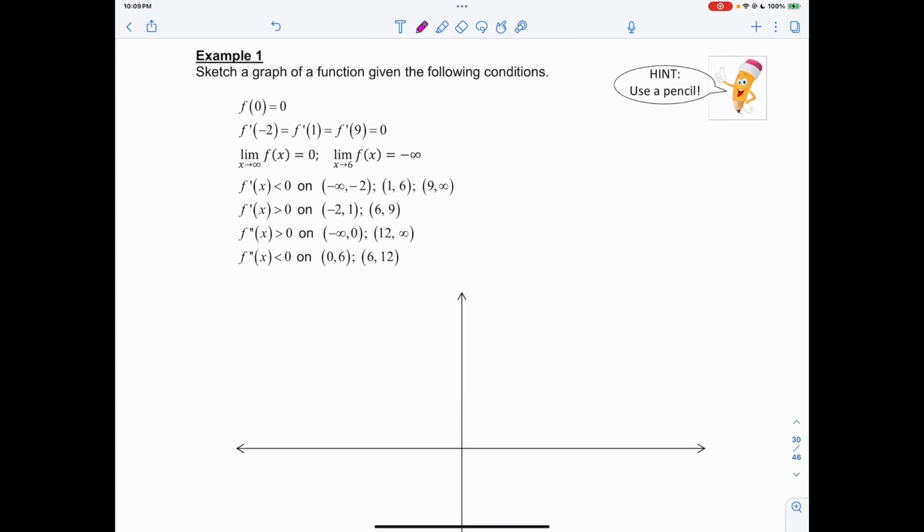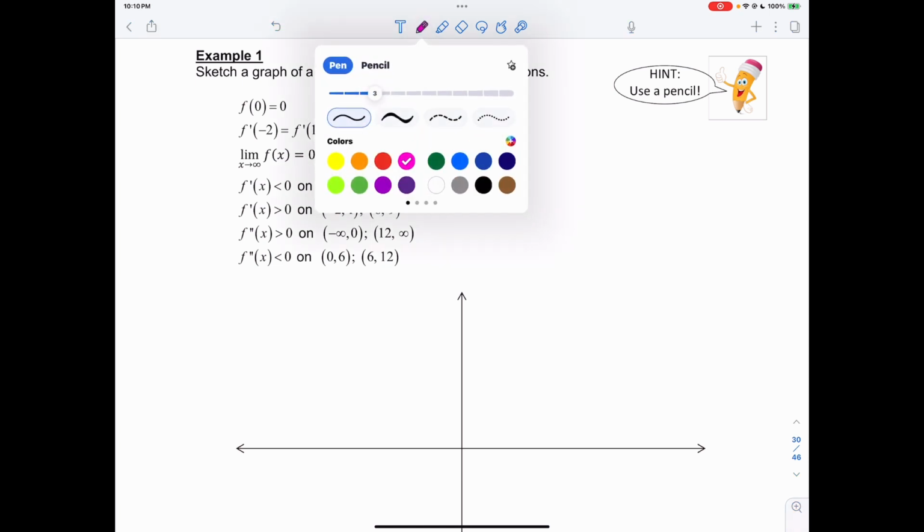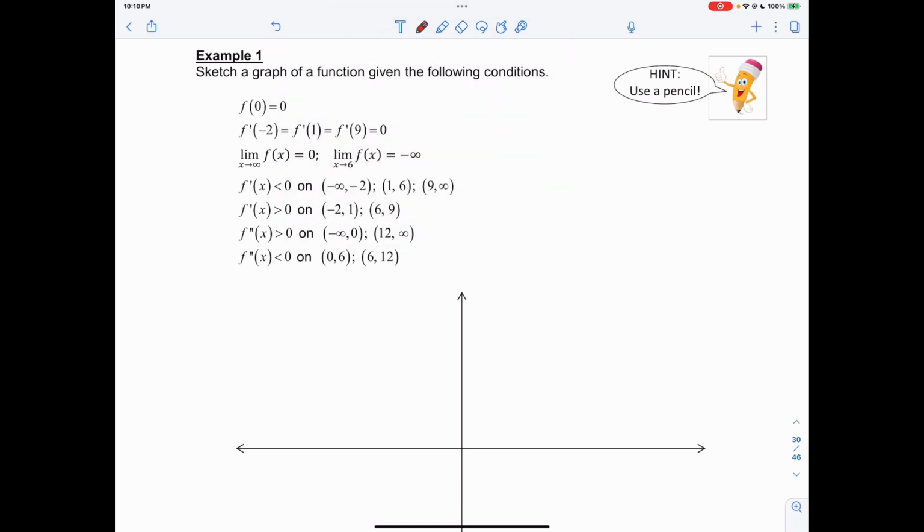So, given this example, it says, sketch a graph of a function given the following conditions. So what do we know? We know f of 0 is equal to 0, which means that the point 0, 0 is on the graph.